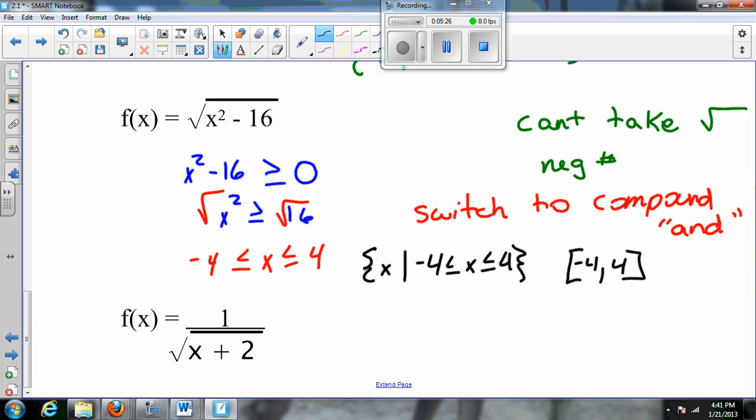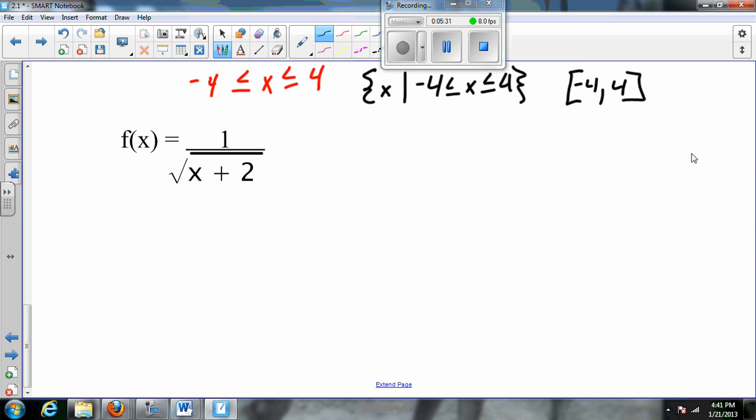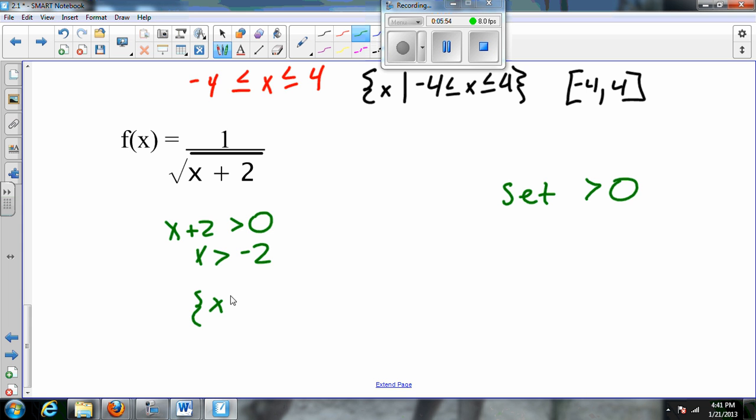So instead of setting it greater than or equal to 0, it's just greater than. So we take that x plus 2, and it's greater than 0. So we get x is greater than negative 2. So the domain would be x, where x is greater than negative 2, or if you use interval notation, from negative 2 to infinity.